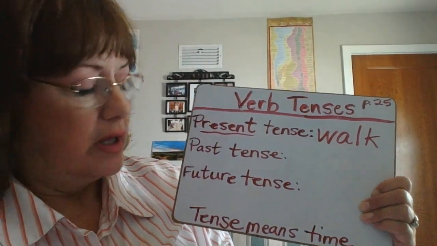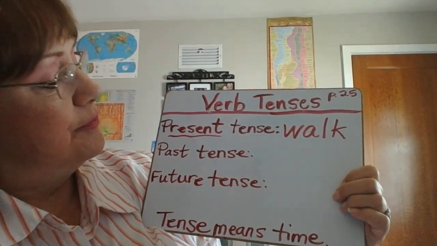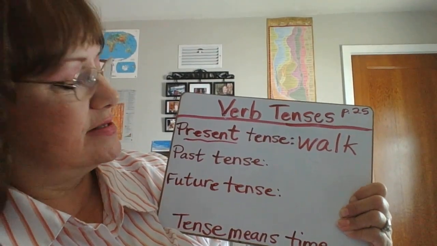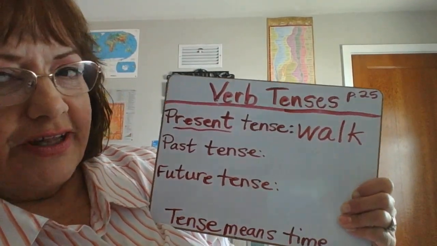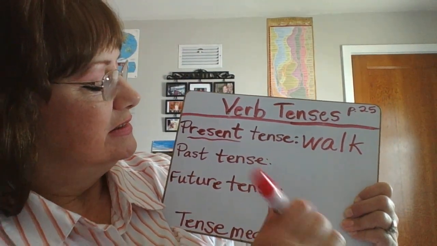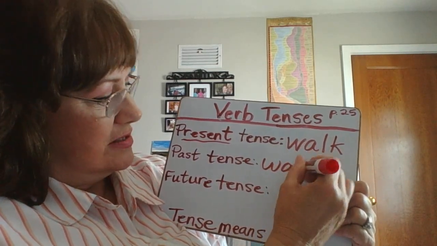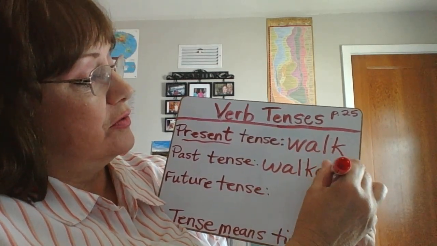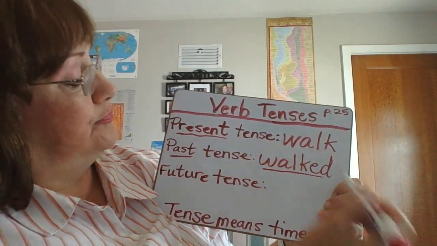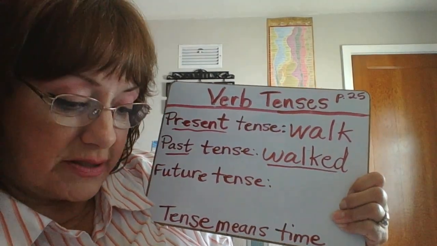We're going to talk about a past tense for the same word, walk, but it happened in the past. If you think you know what it is, great. Go ahead and say it or write it. Past. The girls walked to school. Okay? That happened in the past. All right? So we have walk, walked.